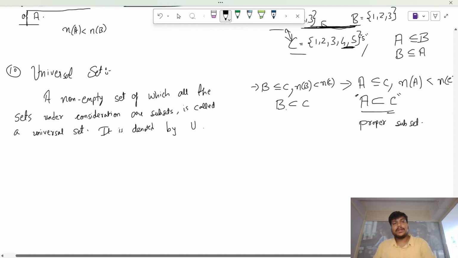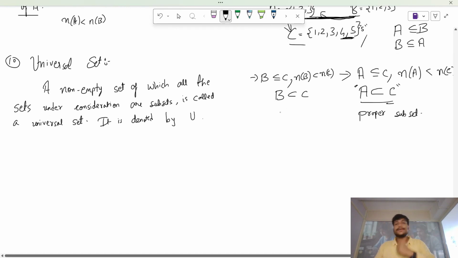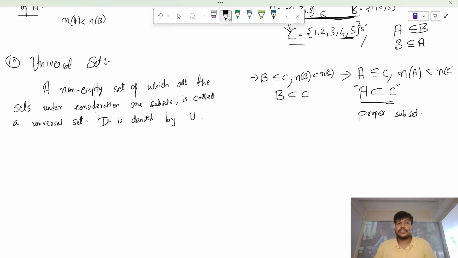And now finally we will talk about universal set. What is a universal set? A non-empty set of which all the sets under consideration are subsets is called a universal set. What does it mean? It means that, let's suppose I am taking sets which only contain the letters A, B, C, or D, E, F, and so on. There are many sets. Then here all the elements are what?